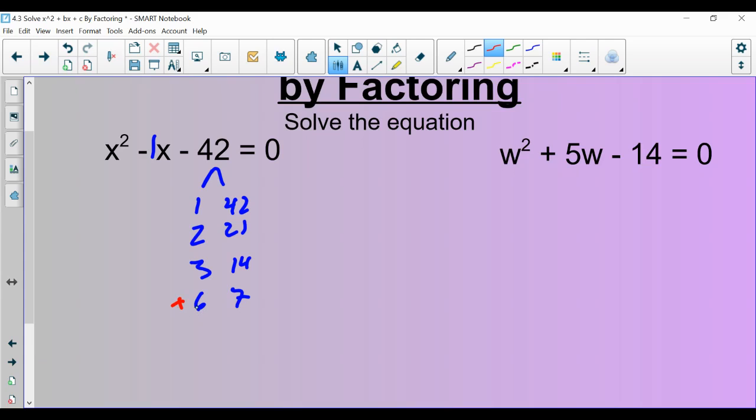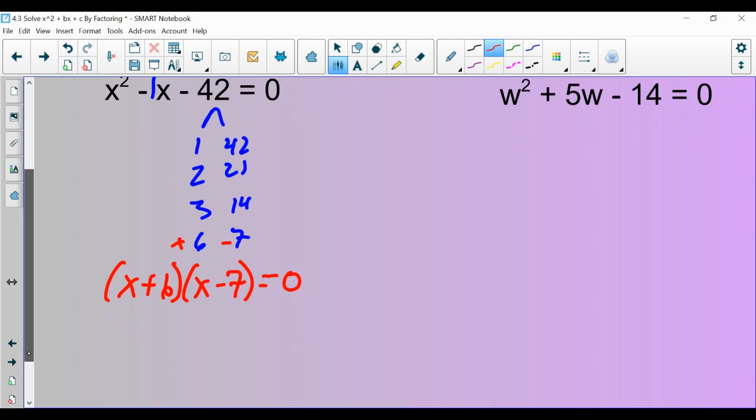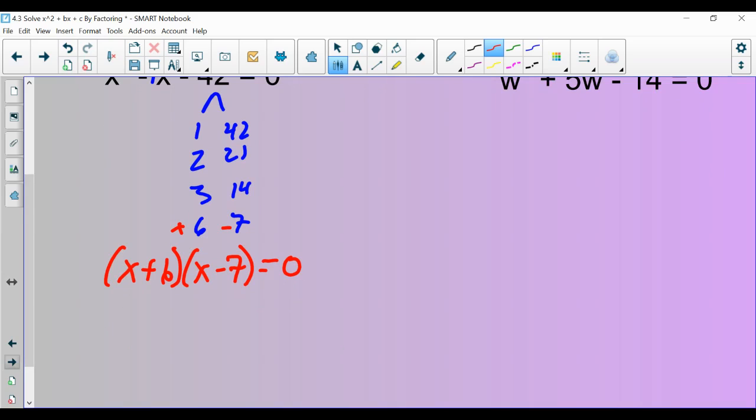If the positive sign was with the 6 and the negative sign was with the 7, this would factor to x plus 6 and x minus 7. So we factored it just the same way with this equals 0 at the end. Now, this is going to start to utilize that zero product property that I mentioned earlier in the lecture.